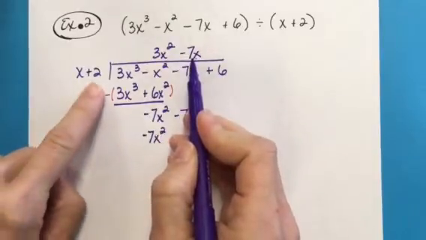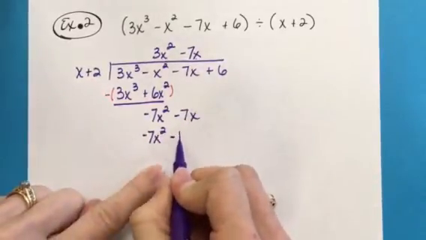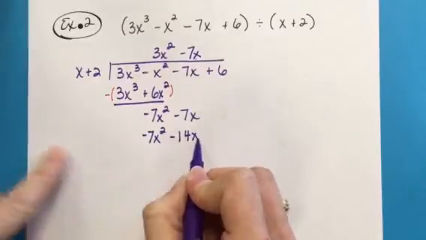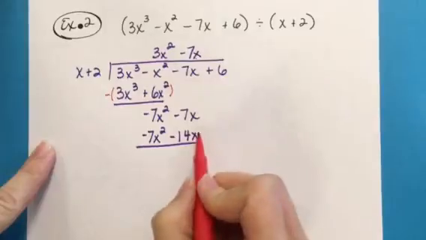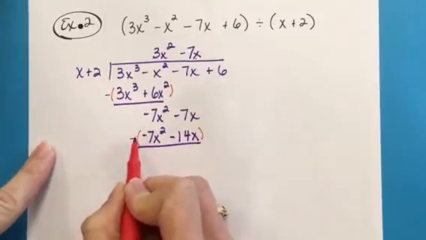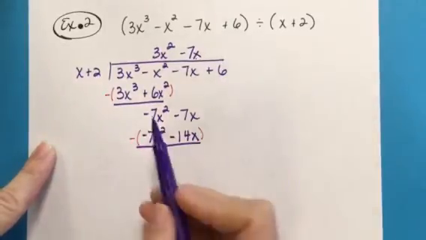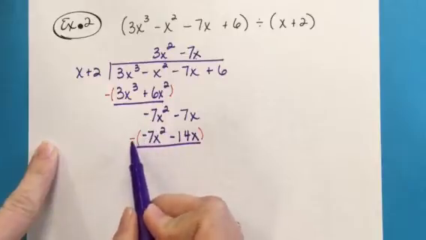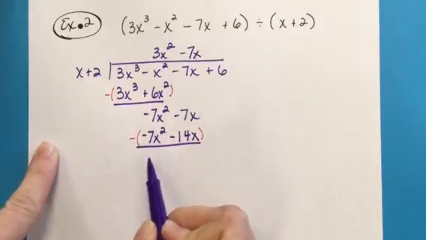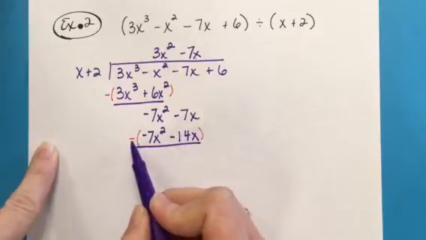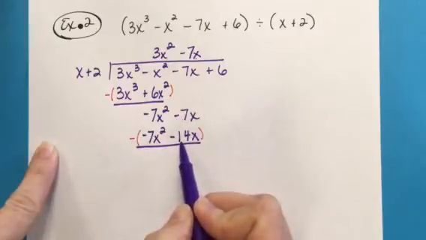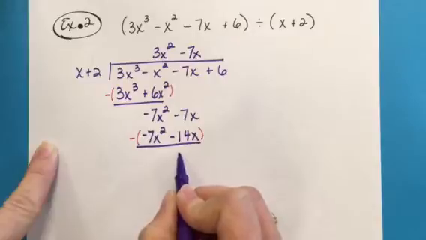Negative 7x times 2 is negative 14x. And now we're going to subtract. So negative 7 minus negative 7 will give you the 0. But now you've got negative 7 minus negative 14. So that's going to give you a positive 7.